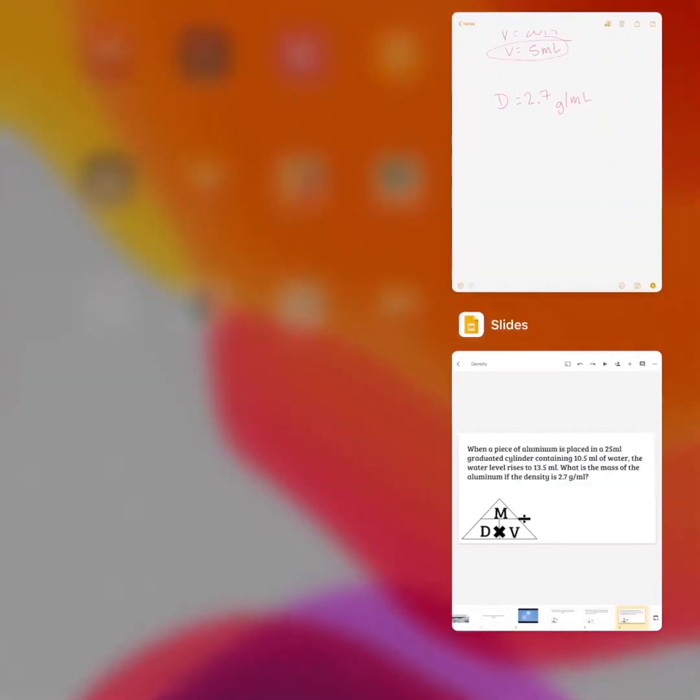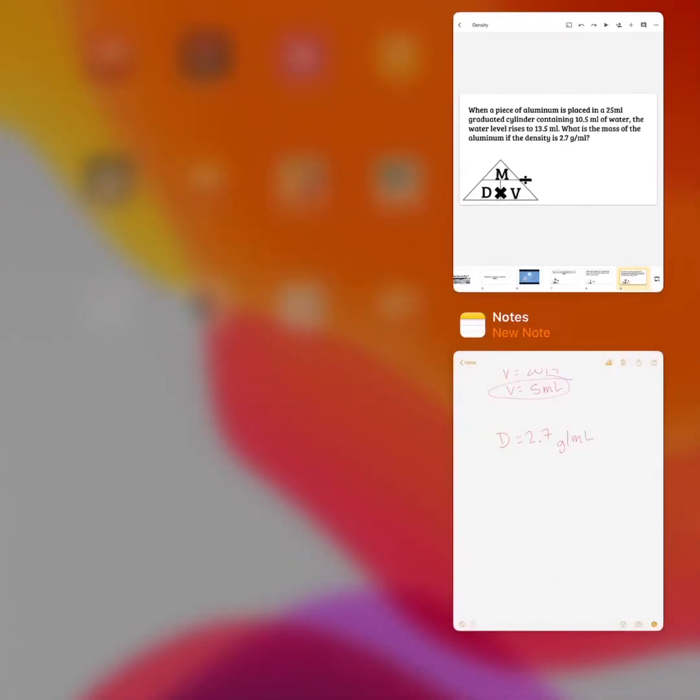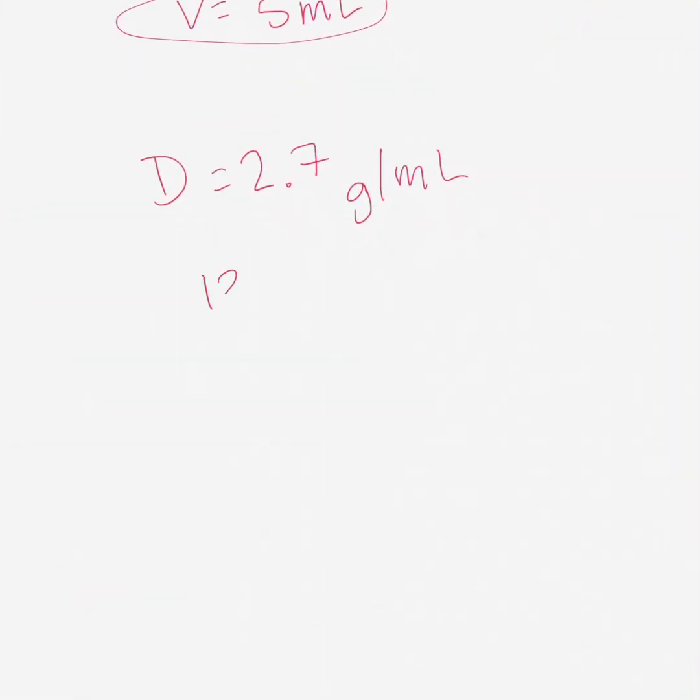And they don't actually give you the volume. They just say you have 10.5 milliliters of water, you drop something in, and it rises to 13.5. So to find the volume, you just need to find the difference in the water level. So the difference would be 3, right?